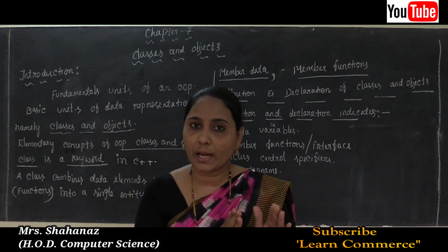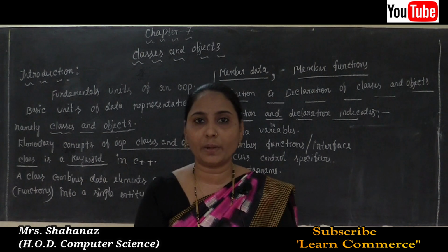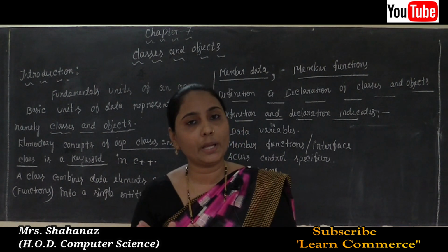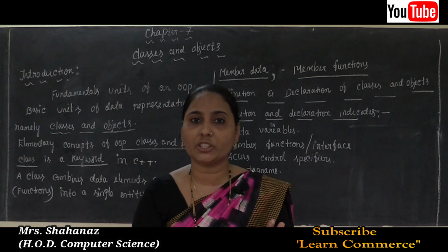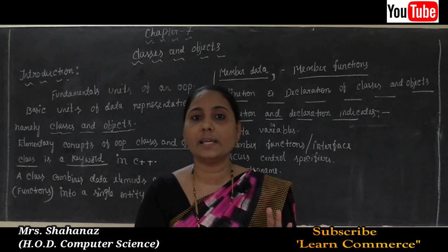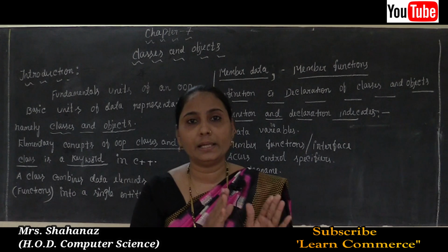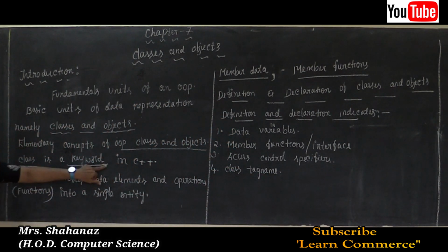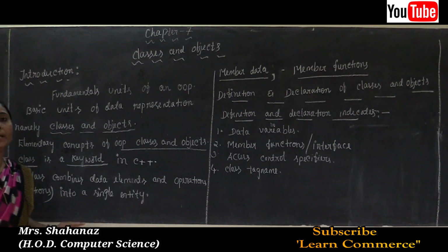We know that data means the data variables, and the code, which has many names, maybe operations, is called functions. So it links the data and the code, and the code operates on the data only.